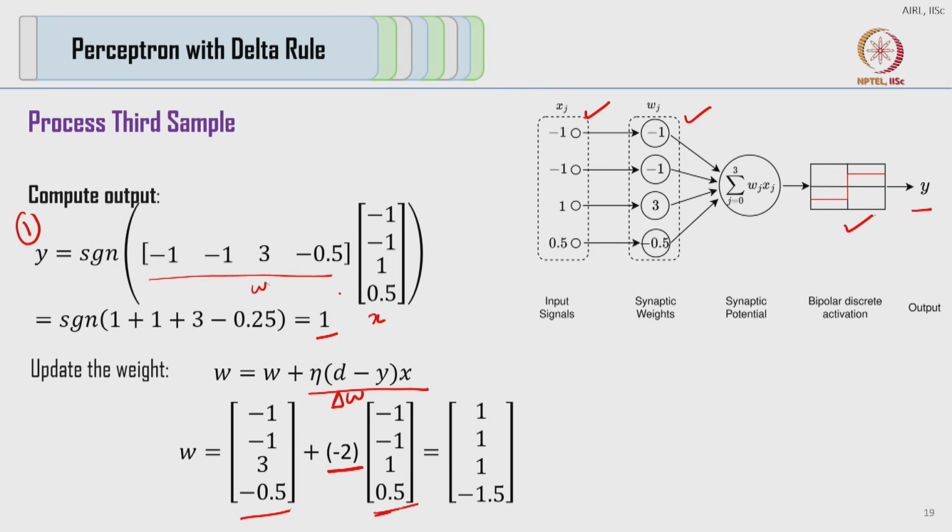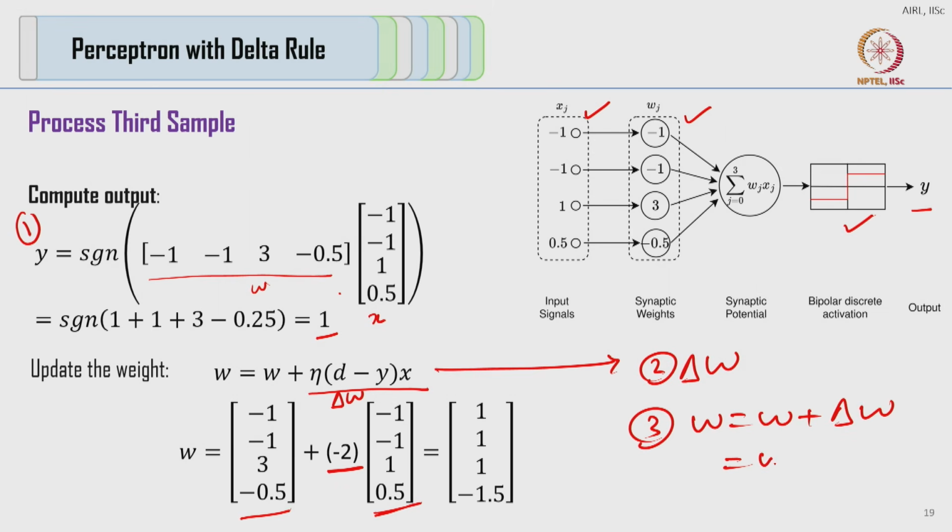X is the current input. Hence W after this addition we get as 1, 1, 1, -1.5. So essentially in this example we have merged the second step, which is to compute delta W, and then directly add it to the current set of weights. When I say x, it means the current input sample, which is given by S3.